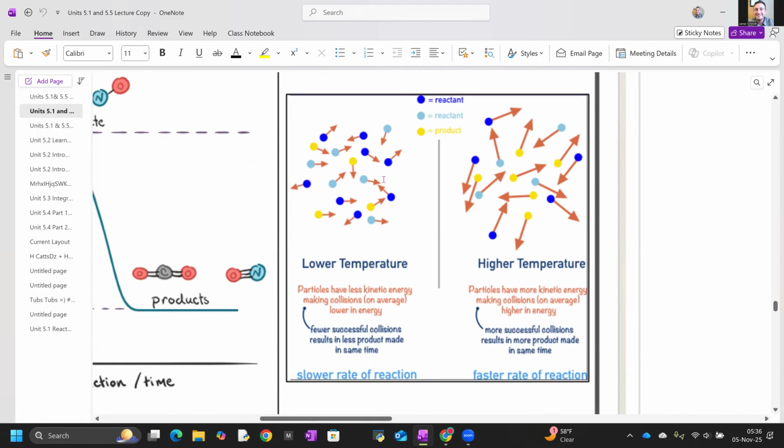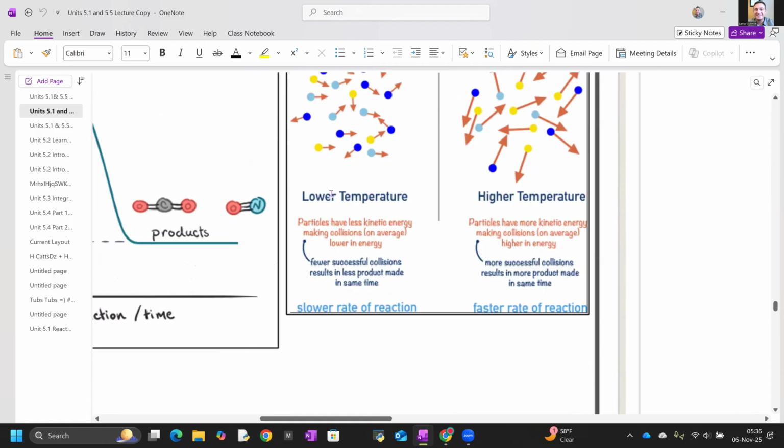And so these arrows are all drawn in this sample with the same length, and the same thing here. But I think what we're trying to say is the average is at a lower temperature, the average is at a higher temperature, but these particular diagrams are not to scale, if you will. But the rest of it looks pretty good.